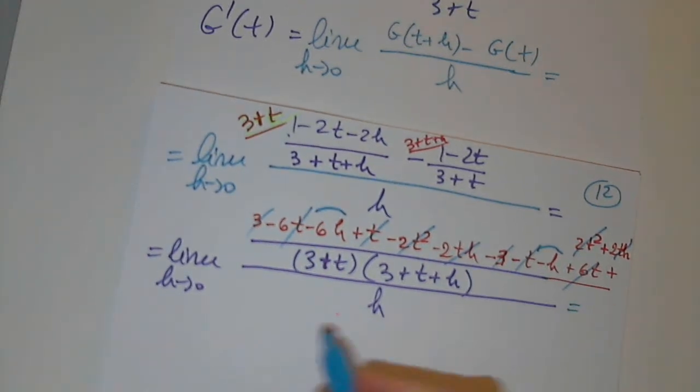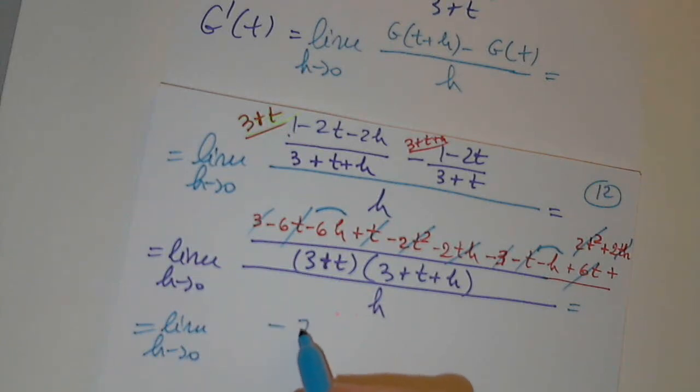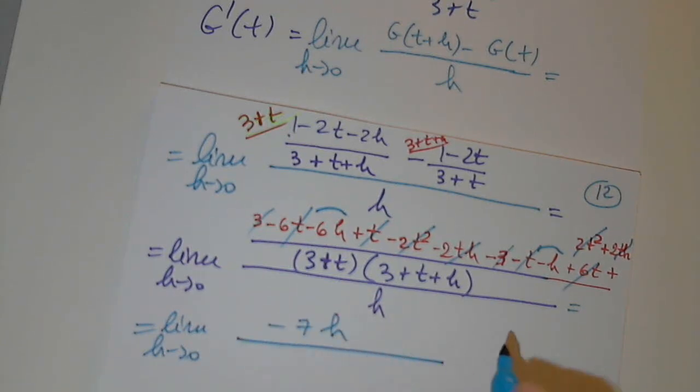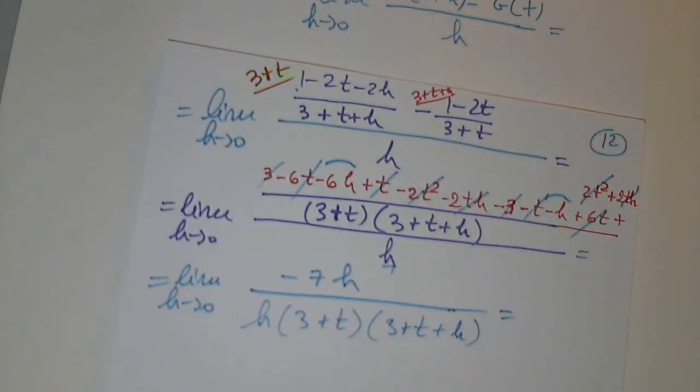So now, the limit as h approaches 0 of negative 7h over, and now I'm going to flip the denominator, h times (3 plus t) times (3 plus t plus h). And we know what happens next. This is exactly what we've been waiting for, which is the second step.